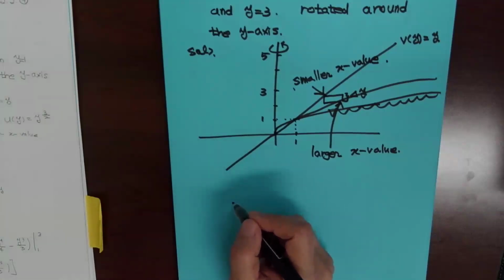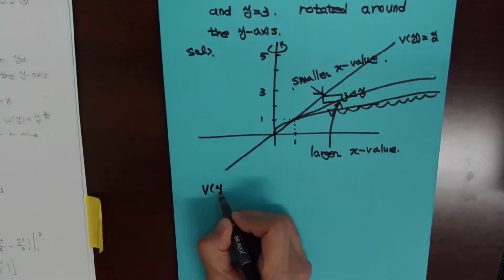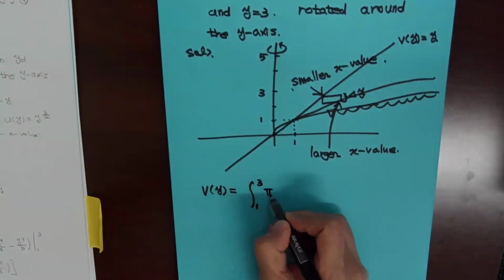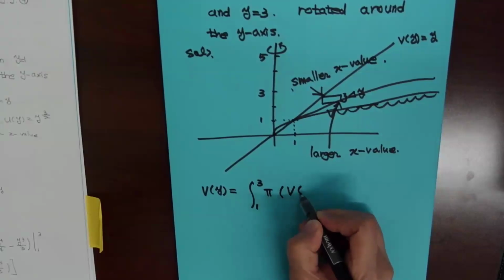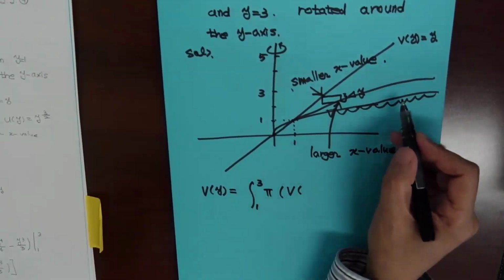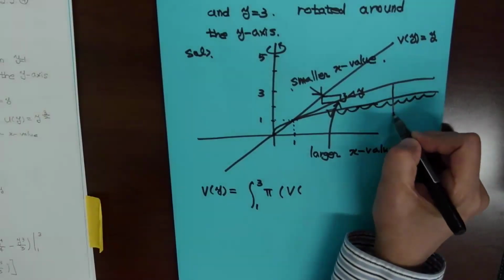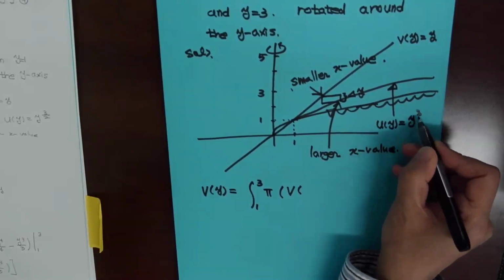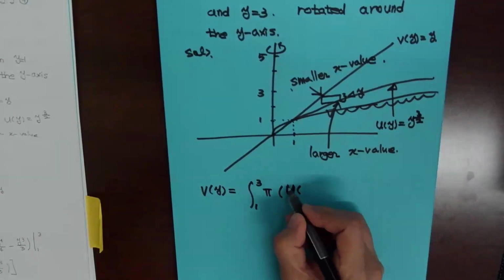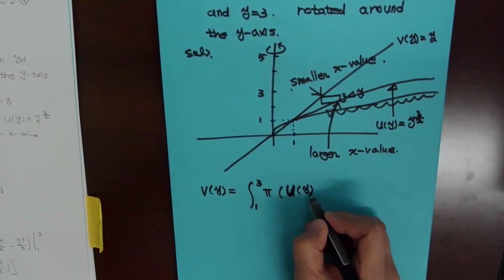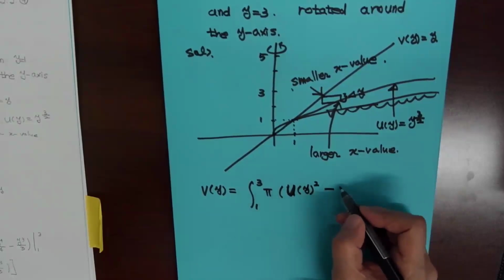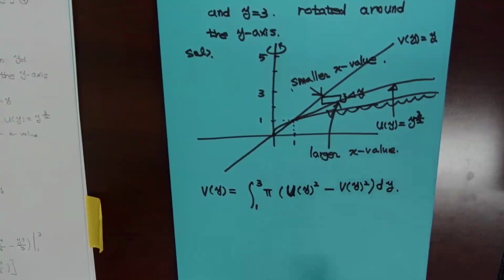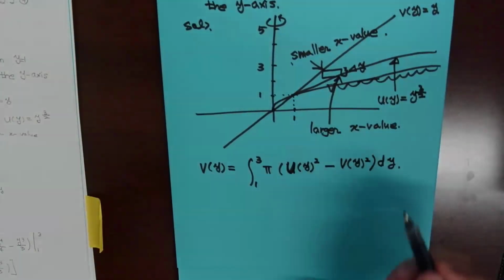So y ranges between 1 and 3, pi times the integral of v of y squared minus u of y squared dy, because u of y is smaller.